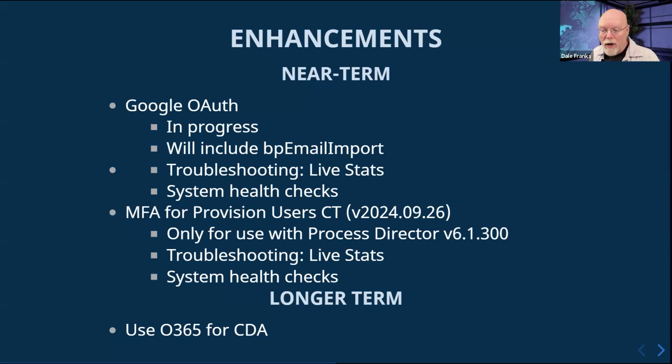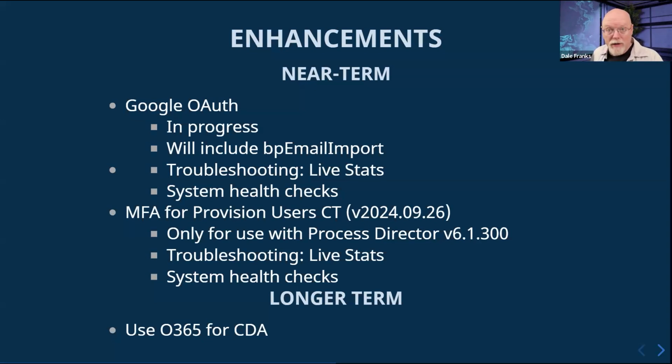So if you are going to run 6.1.300, you're going to need to download, of course, the regular custom tasks, be sure that those are all updated, but you'll also need to download this specific custom task separately and then install it individually onto your system inside the users subfolder of the custom task folder, so that you get the MFA capability in that custom task.